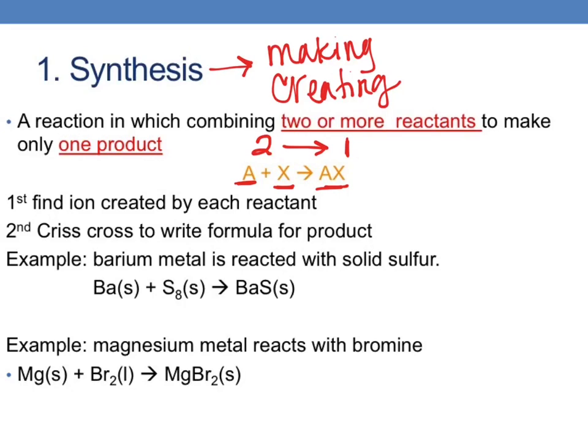So in this case, we might have a metal in its elemental form, say magnesium, and it comes together with a non-metal, say maybe nitrogen.